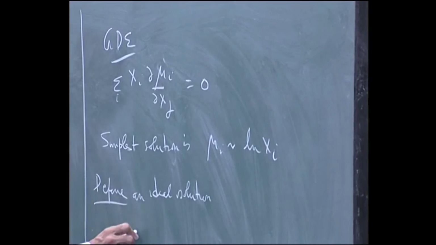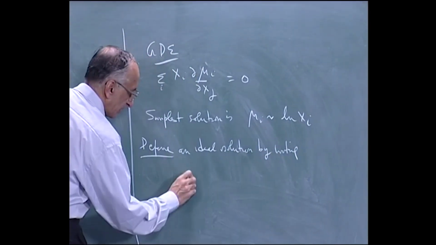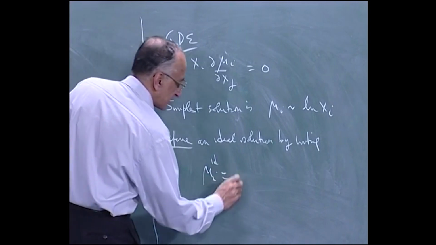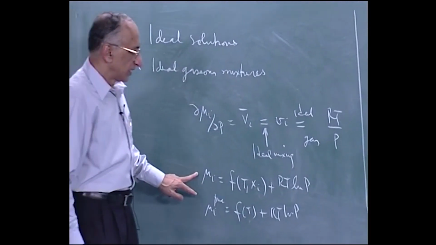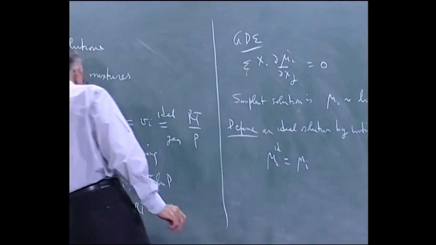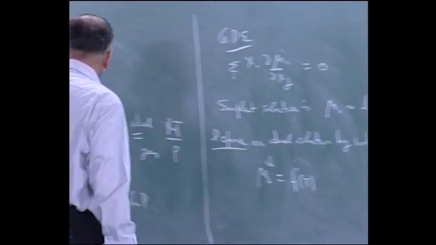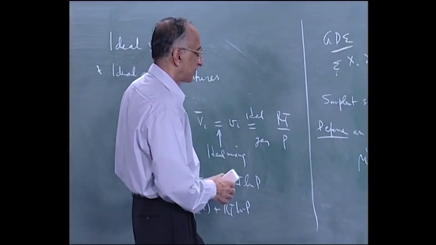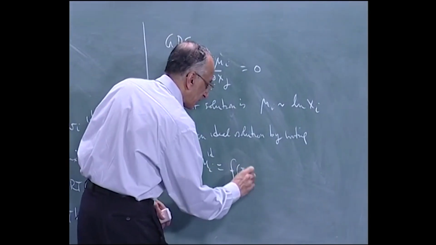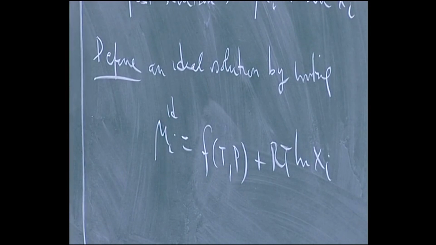First of all, define an ideal solution by writing μi ideal equal to μi, or I will write this as a function of T, in fact a function of T comma P. This is the definition of an ideal solution.